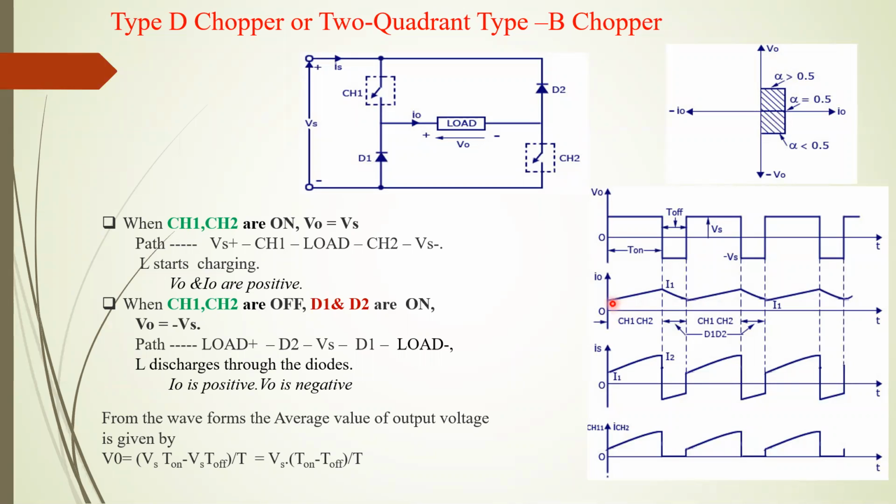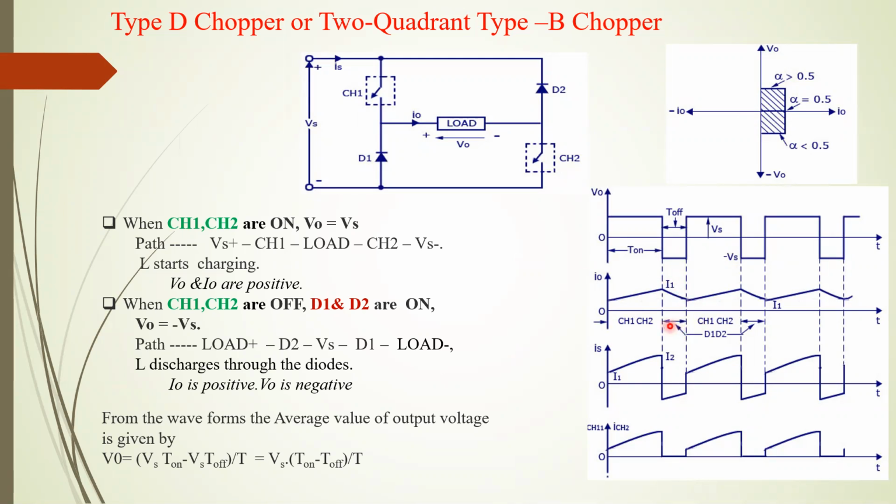Here the load current starts from minimum to maximum, and when the choppers are off, the discharging current flows through the diodes D1 and D2, where it falls from maximum to minimum.